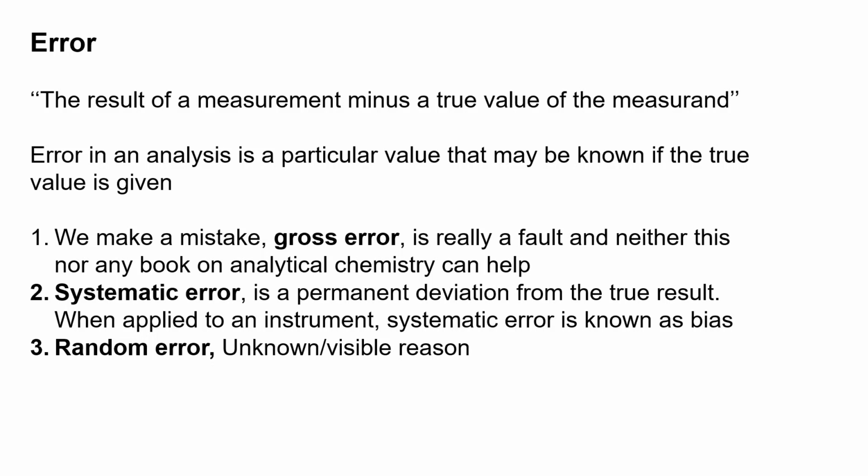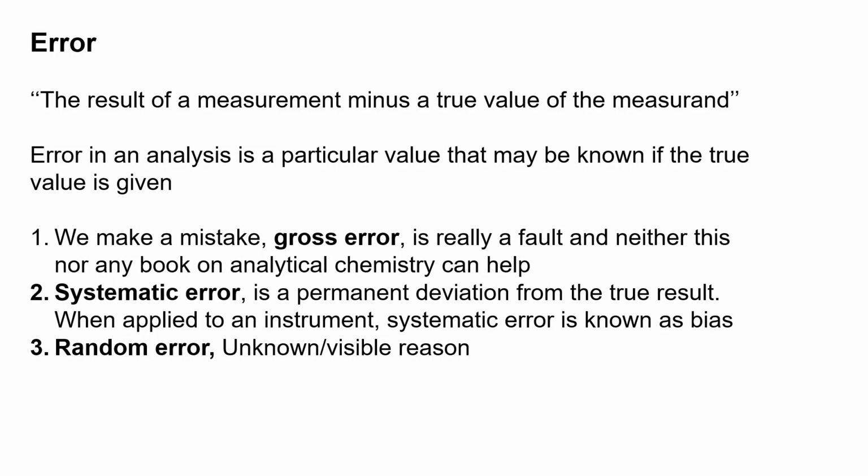Similarly, systematic errors are mostly related to your methodology. If there's any problem with your methodology, your protocol, or the instrument, if you are using any equipment for measurement or a part of an equipment, these systematic errors also give you totally different results from what you were expecting.